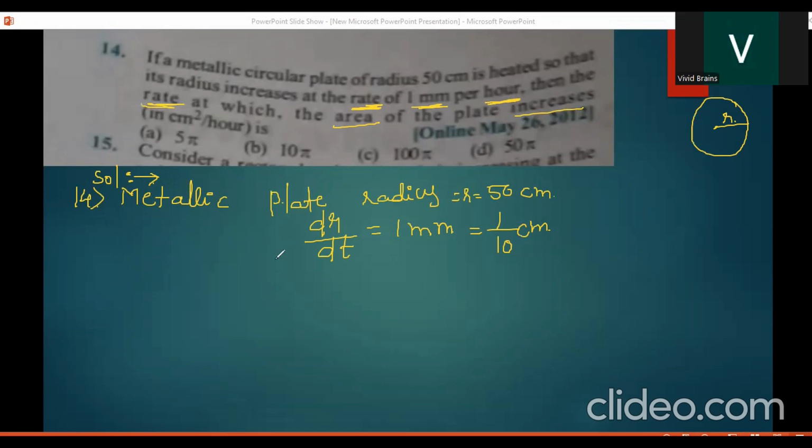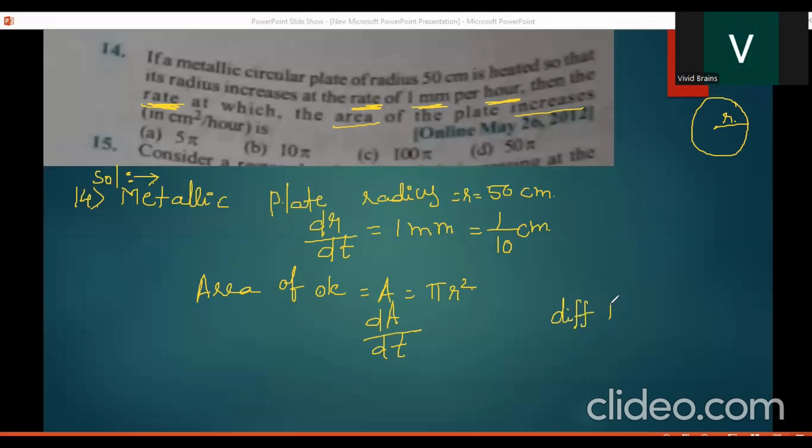Very good. So what is the area of a circle? A is equal to pi r square. We know this. Because they are asking the rate at which the area of the plate increases, I'll go with dA by dt.